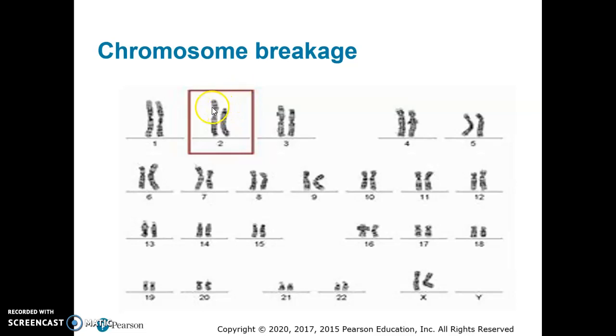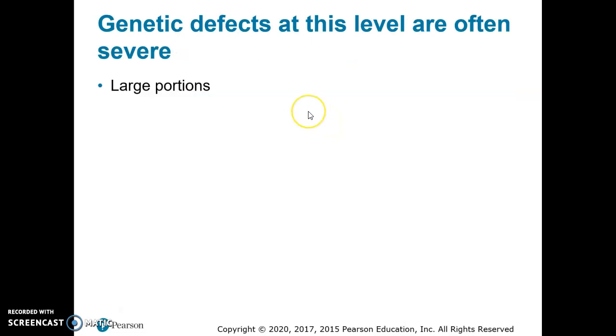And so it's as though this individual is lacking the second copy of all of those recipes. Now, if those recipes are really significant and they code for physical features of an individual, then you can imagine that when that child is born, you're going to notice it right away in those outward physical features. So genetic defects at this level are often very severe because you're missing large portions of the DNA.